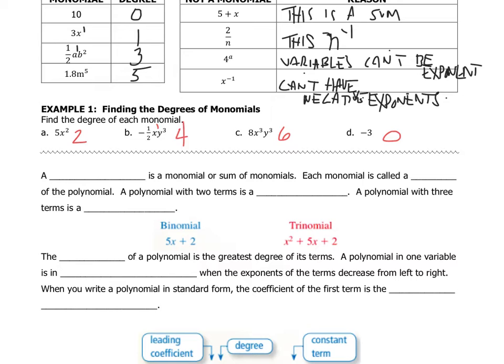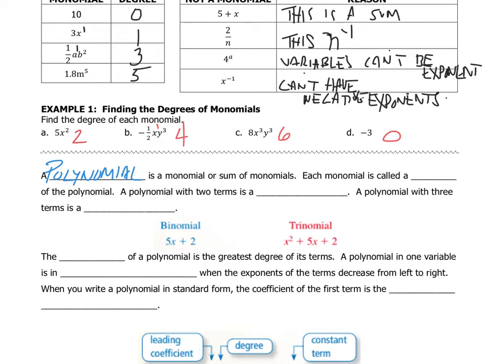So now we want to talk about this next term called a polynomial. So a polynomial is a monomial or sum of monomials. So it's kind of like the general term. It means many of monomials. So a monomial is a polynomial, but we also will get the sum of other monomials to create different polynomials.